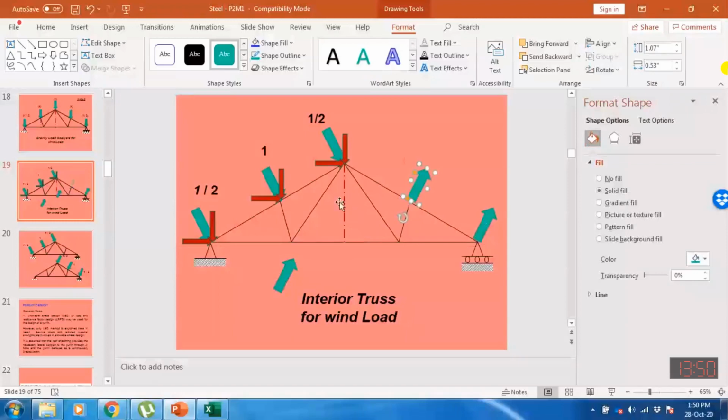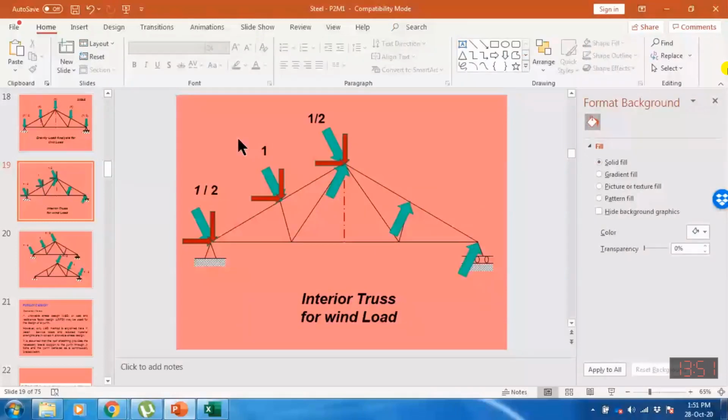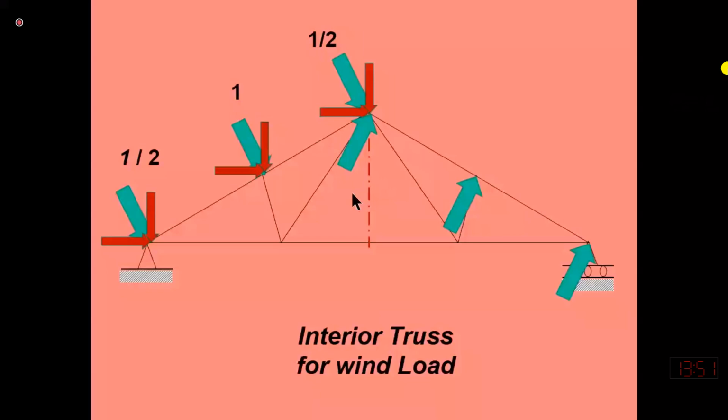Either you show it here or here, it will be the same, because we can move the force along its line of action. If the wind is coming from this side, the top members are subjected to downward force, and some of the wind may go inside the building. That force will produce leeward forces on this side, an uplift effect. Actually, the windward side and the leeward side are subjected to wind force simultaneously.